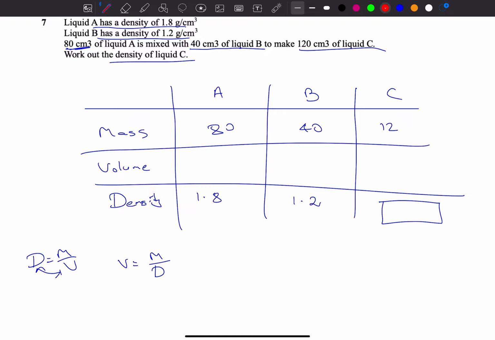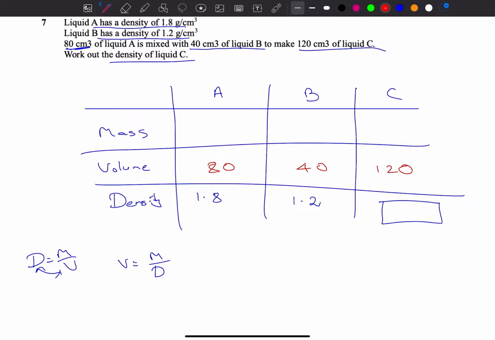Let me change the color of the pen. See, I was thinking, why did I put it on the wrong numbers? Come on. The volume is 80, and 40 is the volume. I said volume and I clearly wrote it on the mass. 120, okay, just make sure.